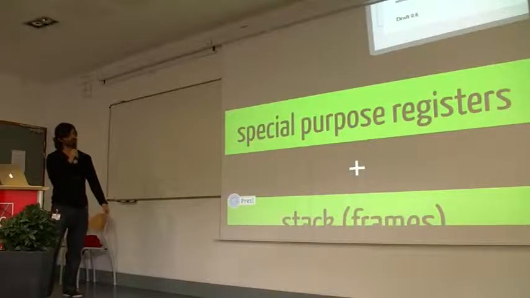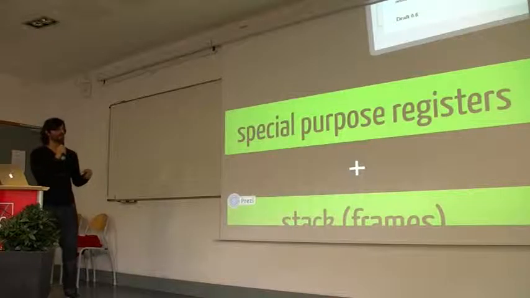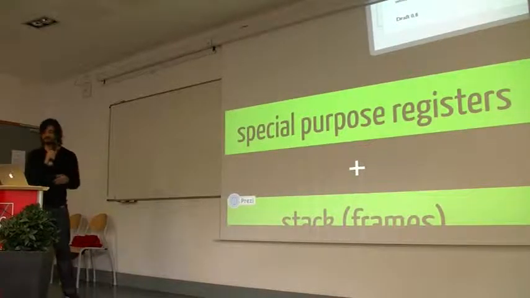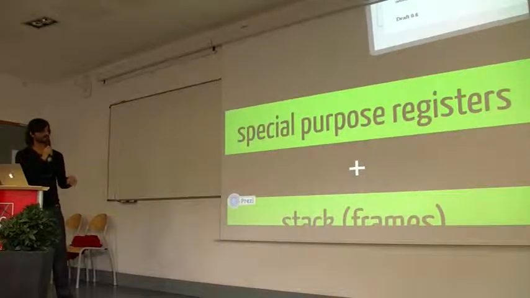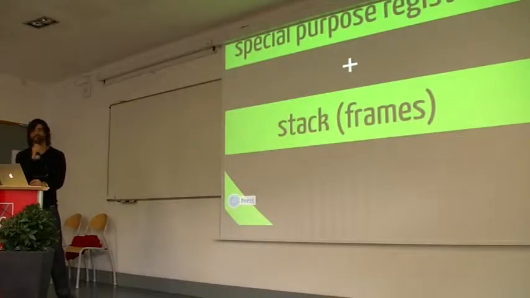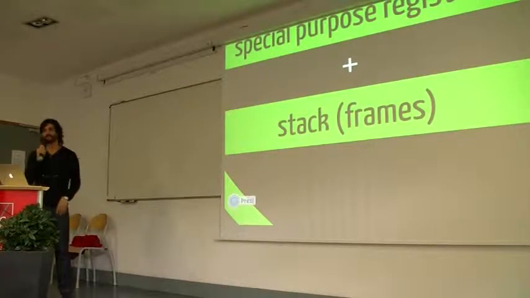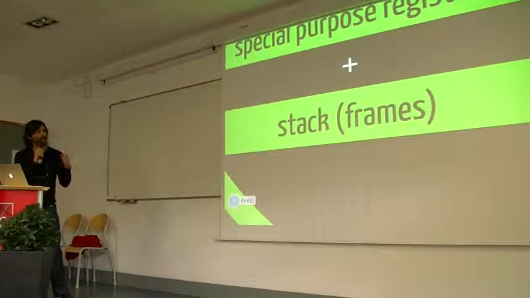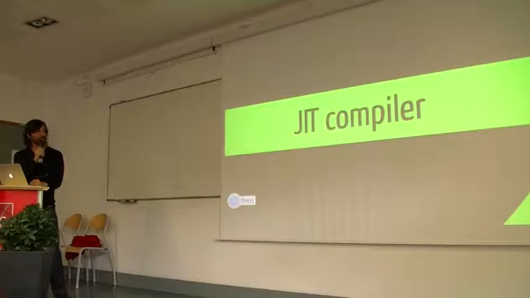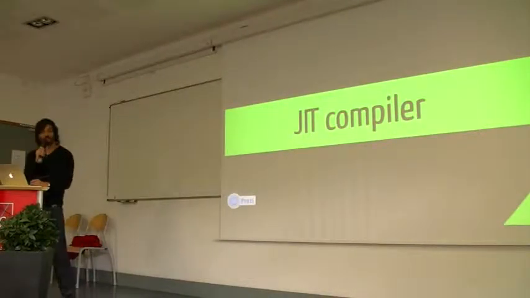I will say what they are. This architecture consists of 2 special purpose registers plus a stack of frames, that is activation frames. And this stack is the same native stack. And as I said before, it contains a just-in-time compiler.